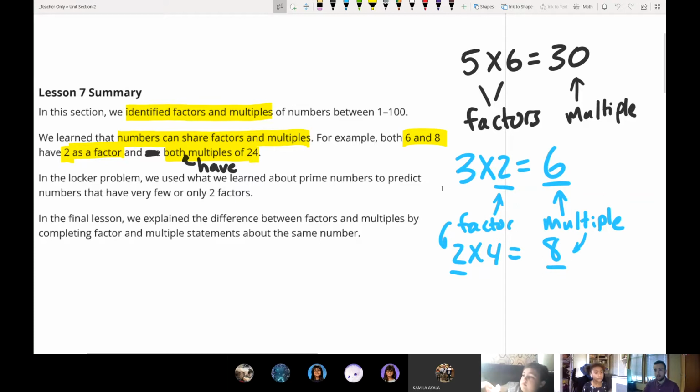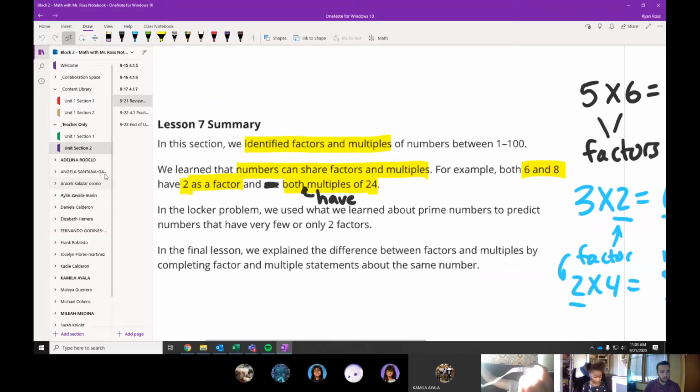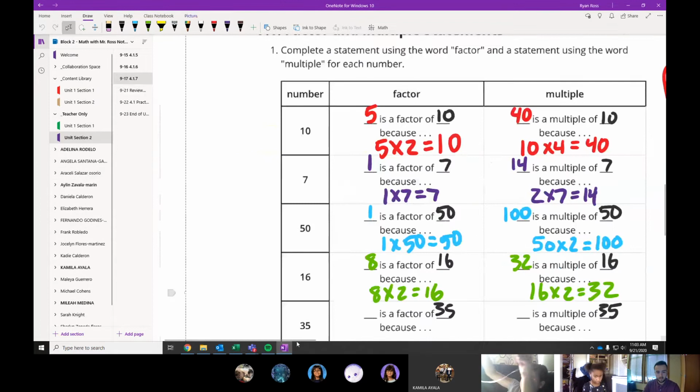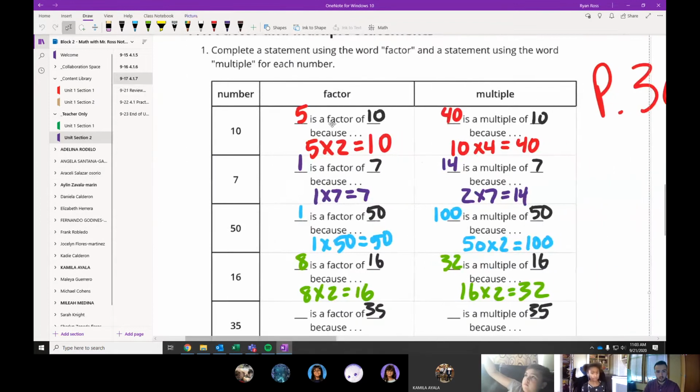All right, we did a whole practice sheet of this on Friday. Let me show you again what we did. Remember how we went through and listed all the factors for a certain number, and then listed, well, we didn't list all the factors, excuse me. We listed an example of a factor for 10, and then an example of a multiple for 10. So we were working with the factors that make up that number, and then multiples that that number could then skip count into, right?